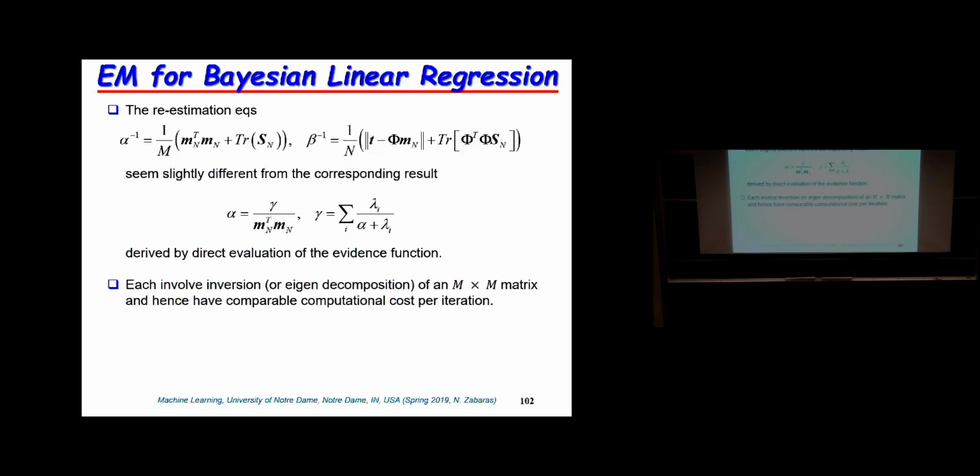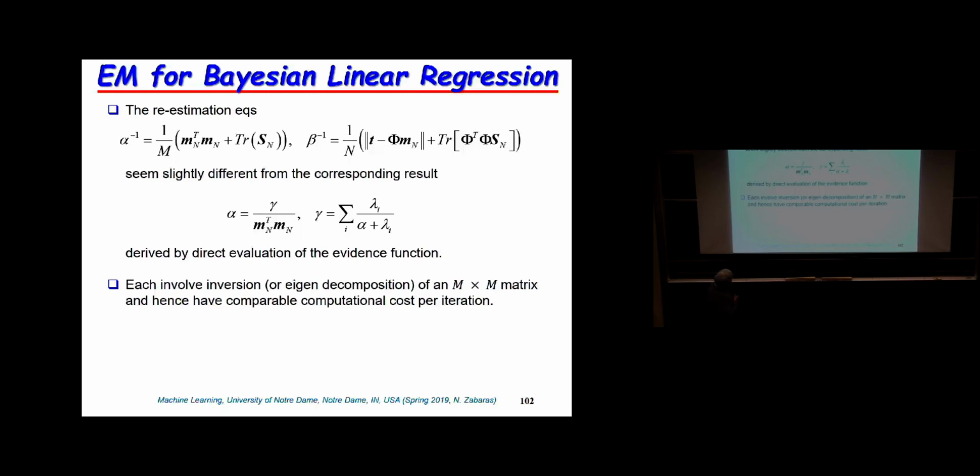I mean, not precisely, but at least what it was related to. It was the eigenvalues of some version of phi transpose phi, or x transpose x of the input design matrix, scaled with some parameter. But certainly this required solving an eigenvalue problem, which computationally is as expensive as doing a matrix inversion.